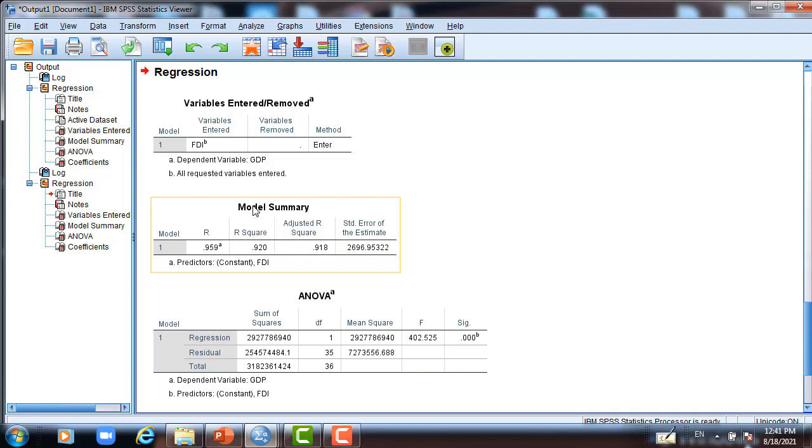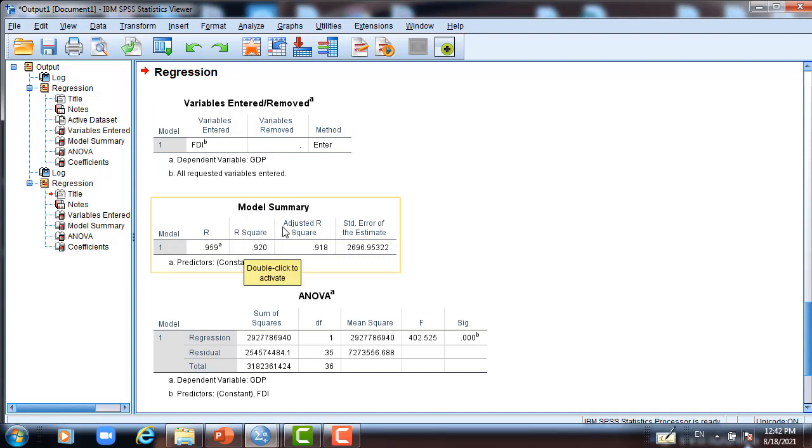Now, the most important table we are going to use is the model summary. How to interpret the model summary? This is the output of linear regression analysis. SPSS generates quite a few tables in its results section for a linear regression.